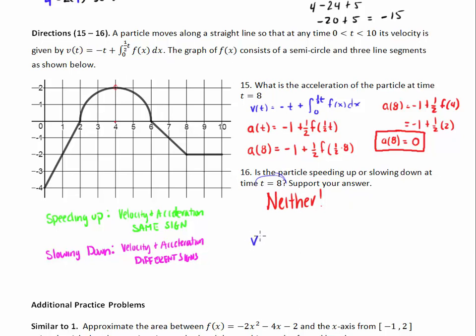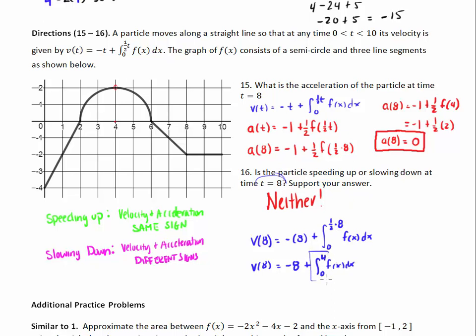So v of 8 is equal to negative 8 plus the integral from 0 to 1/2 times t. Well, t in this case is 8. So f of x dx. So we get v of 8 is equal to negative 8 plus the integral from 0 to 4, 1/2 times 8 is 4, of f of x dx.